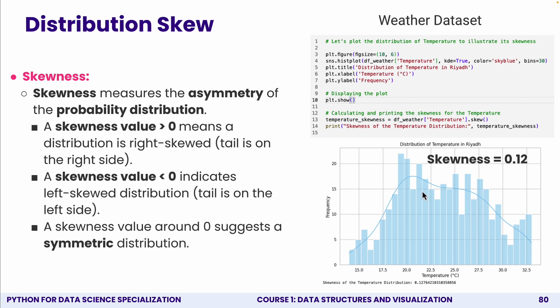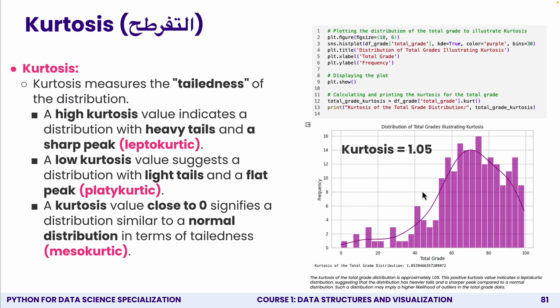Another thing is the kurtosis, which is flatness, meaning how high is the peak. Either it has a sharp peak or a flat peak. For example, this is a kurtosis of 1.5, so here we have almost a sharp peak for the grades. What does it mean?